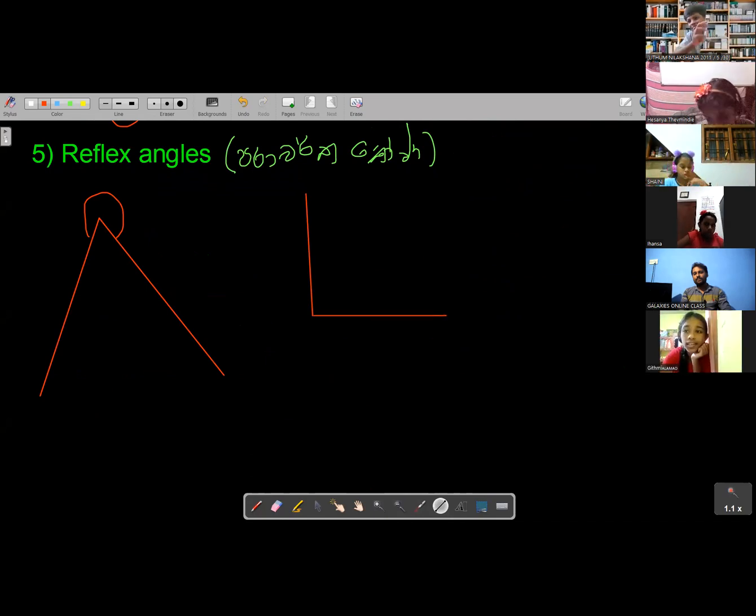Excuse me, sir. I can't understand what the meaning of reflex angle is. Can you tell it again? Okay, reflex angle. First you draw these two, then I will explain again.